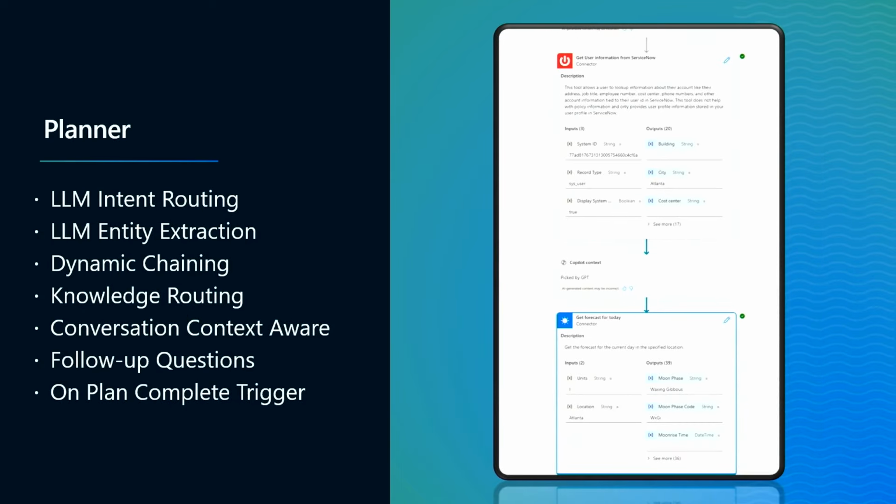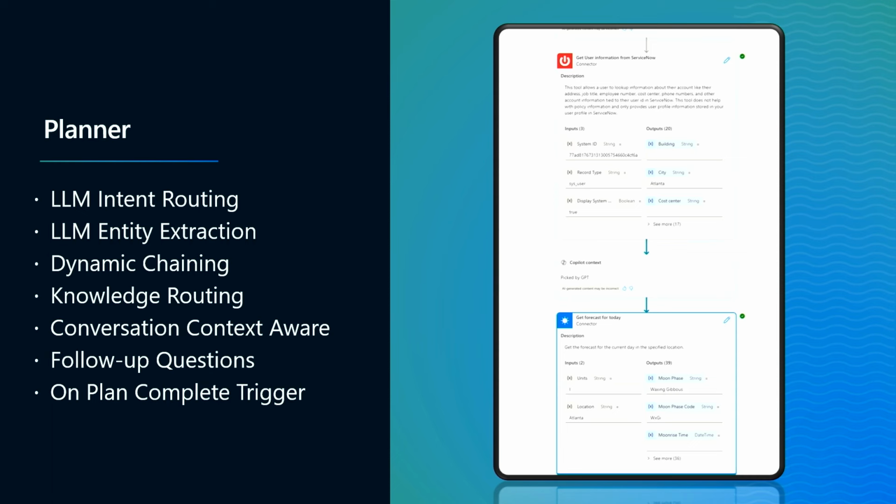And the reason these components are so important is because we introduced, and we're going to be releasing very shortly into general availability, the planner. And the planner is when you hear us talk about gen actions. It's a combination of these things, but the planner is something I want you to understand because it's, in my opinion, one of the coolest parts that we've done in a long time.